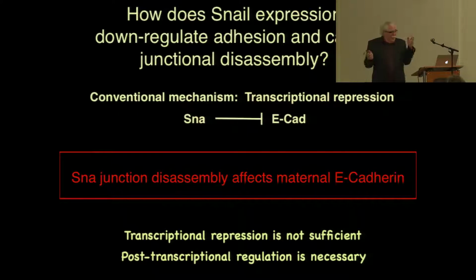What makes it even less attractive, and actually impossible, is that the cadherin proteins that are being disassembled are maternally supplied cadherins. Like all cell biology, like all cytoskeletal components, it's all maternal, except for these transcriptional regulators. And so the cadherin that's being lost is not going to be sensitive to cadherin transcription. So we have to have some post-transcriptional mechanism, some way of directly affecting the cadherin that's in these junctions.